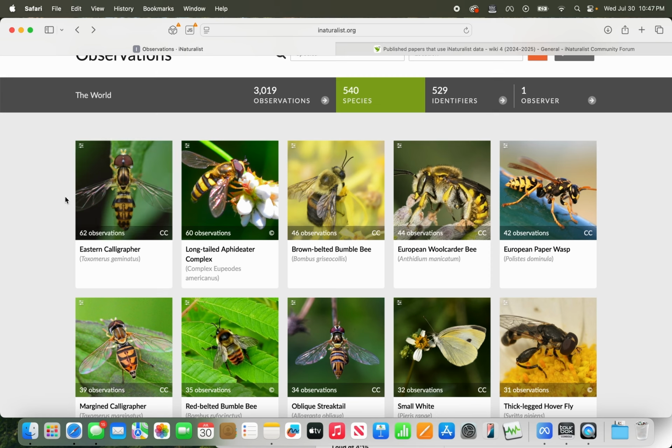Then there are those species that can only be identified by genetic analysis. Many bees are very difficult, and particularly common bees. A bee that I document a lot and I love is a sweat bee, and they can be extremely difficult to identify down to species.